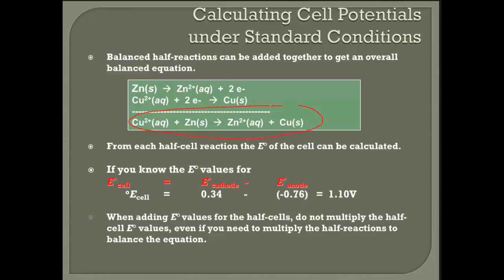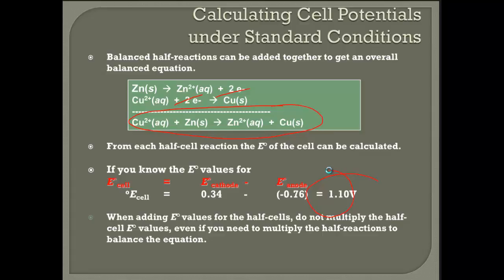From each half cell reaction, the energy of the cell, the potential charge, can be calculated, the cell potential. If you know the E cell values for each of them, we can just add them together. When adding the E naught values for the half cells, do not multiply the half cells even if you multiply the half reactions to balance the equation.